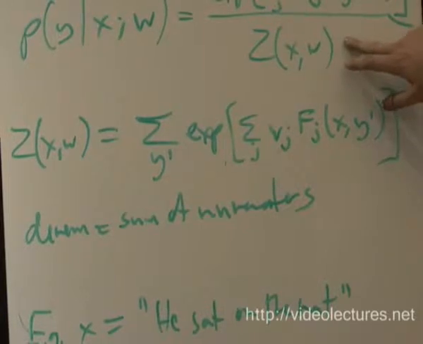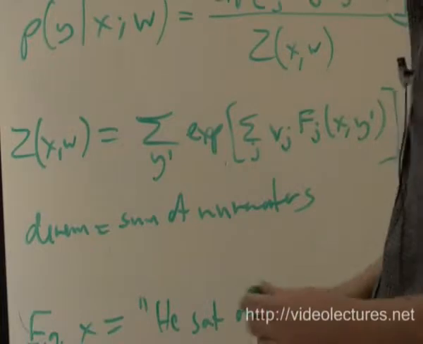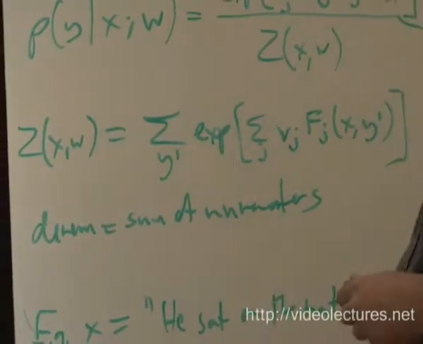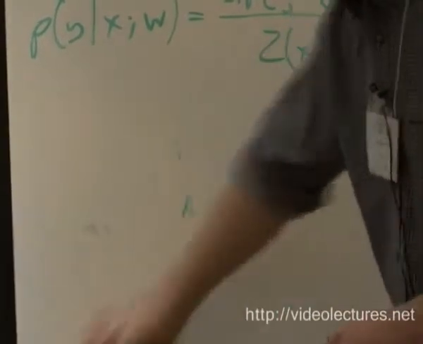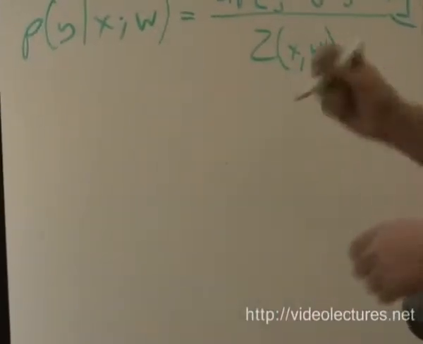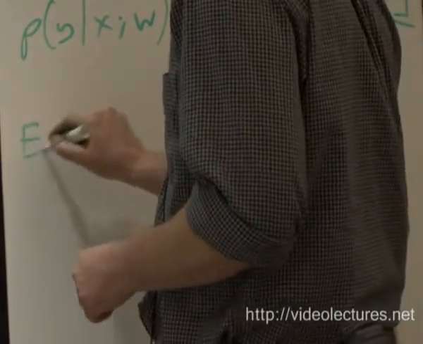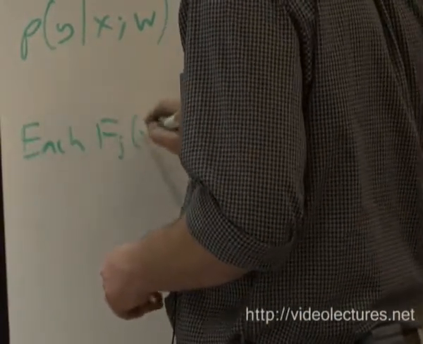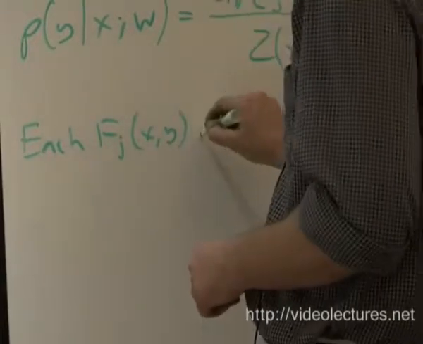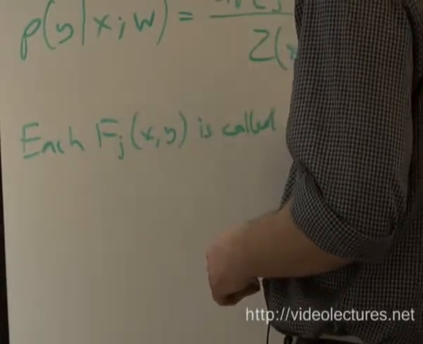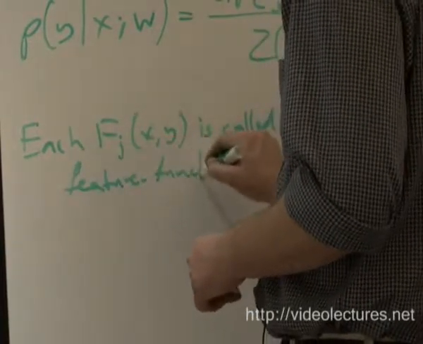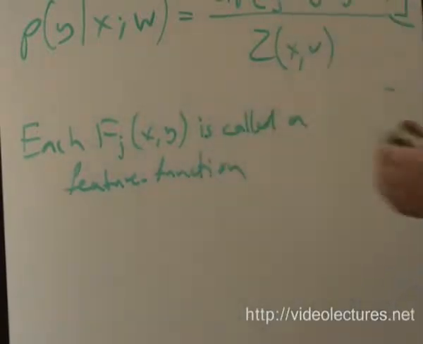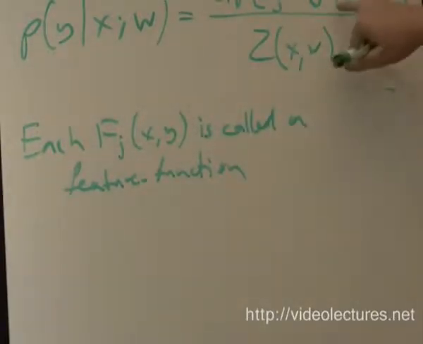I'll come back to this, but that's the first level explanation of why z is the way it is. And then these big sums: each fj of x and y is called a feature function. It plays the role of a feature.